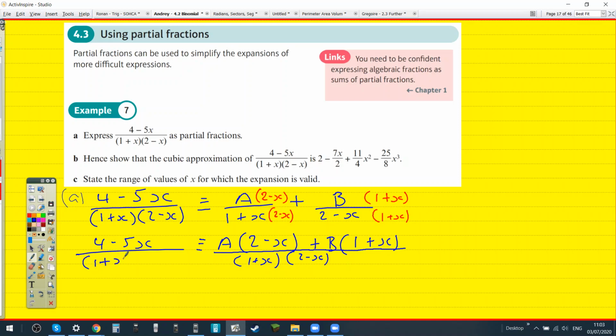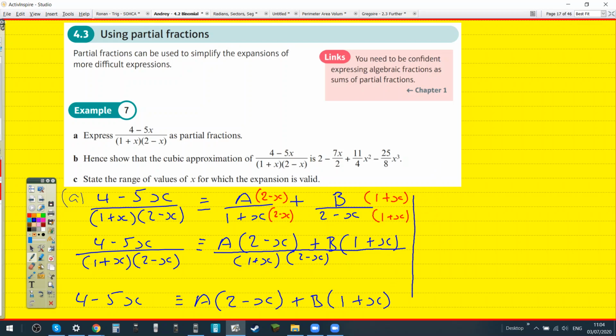If you compare the numerators, you can see that 4 minus 5x is the same as this. Is this right? I've been subbing in numbers like 0 to get what the other letters are. So what would you sub in for x?